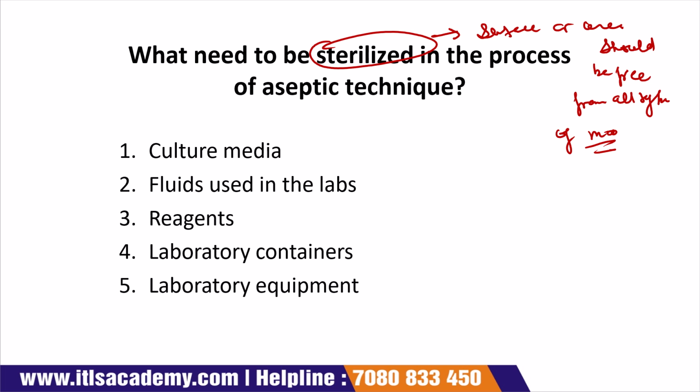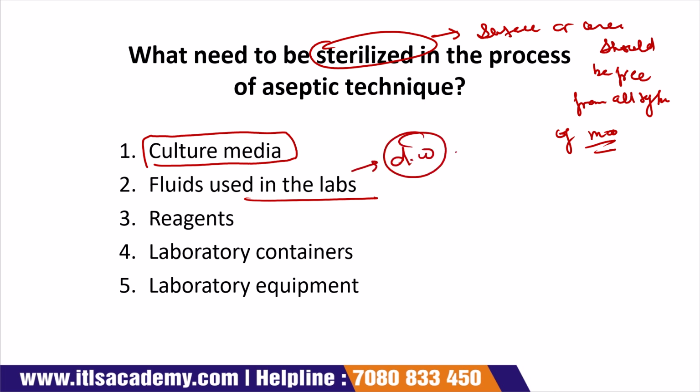So in that case we have to sterilize the culture media. Culture media means the media which is used for the growth of those particular microorganisms. And the second thing that we have to sterilize is the fluid which is used in a lab, like your distilled water.